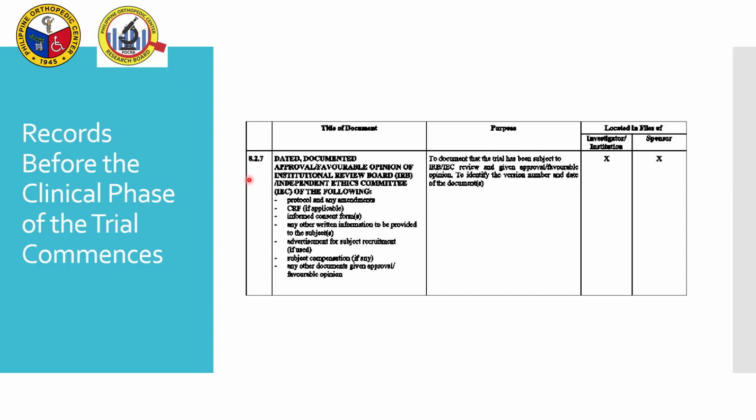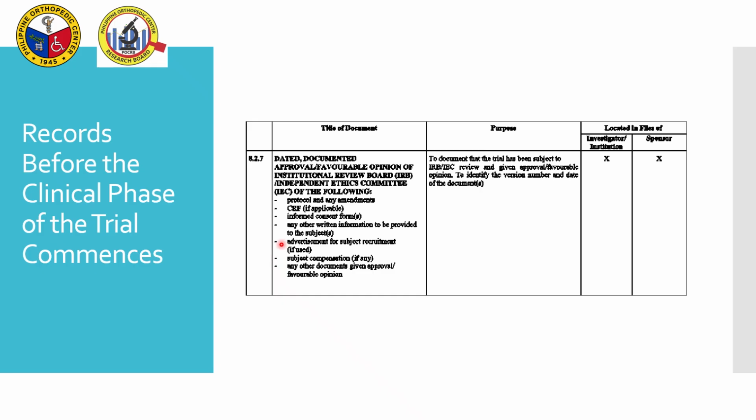It must specifically cover several key items: the study protocol and any subsequent amendments, the case report forms or the CRF, if applicable, all informed consent forms that will be presented to the participants, and any other written information to be provided to the subjects, such as recruitment advertisements, if used, or details regarding subject compensation.